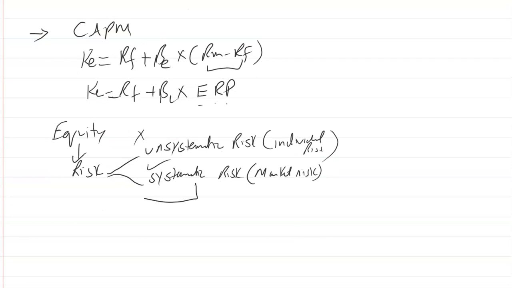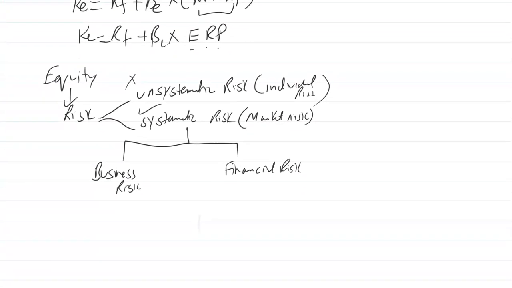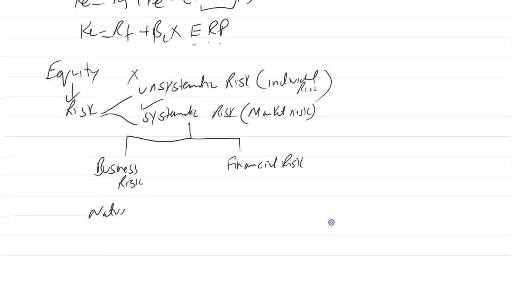There are two types of systematic risk. First one is business risk and second one is financial risk. Business risk is all about the nature of business, and it's all about the fixed cost, the operational gearing.